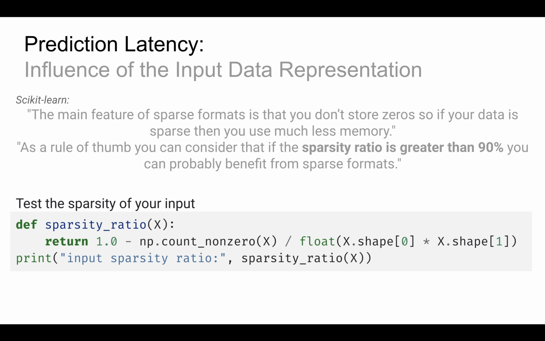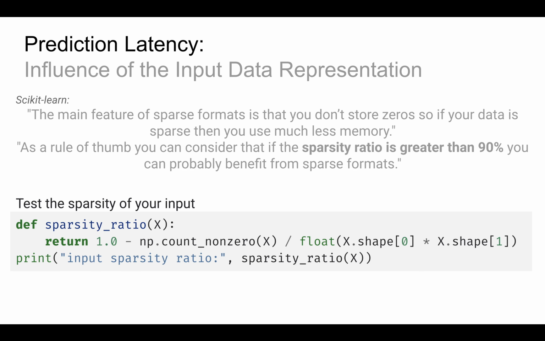Input data representation is also something that could help reduce prediction latency. And the idea here is that if you have a large matrix with a lot of zeros and very few values that are non-zero, then processing all those columns and rows would take more memory and more processing power.